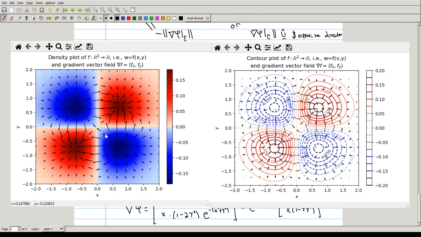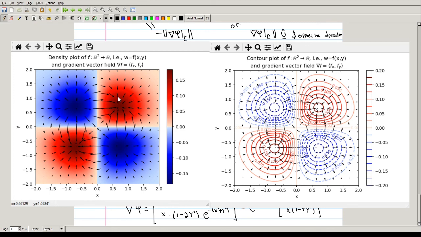So if this is, say, a given temperature field, the gradient is always pointing in the direction of fastest increase of temperature at any given point. These arrows are the gradient vector that we just computed at each one of these points.